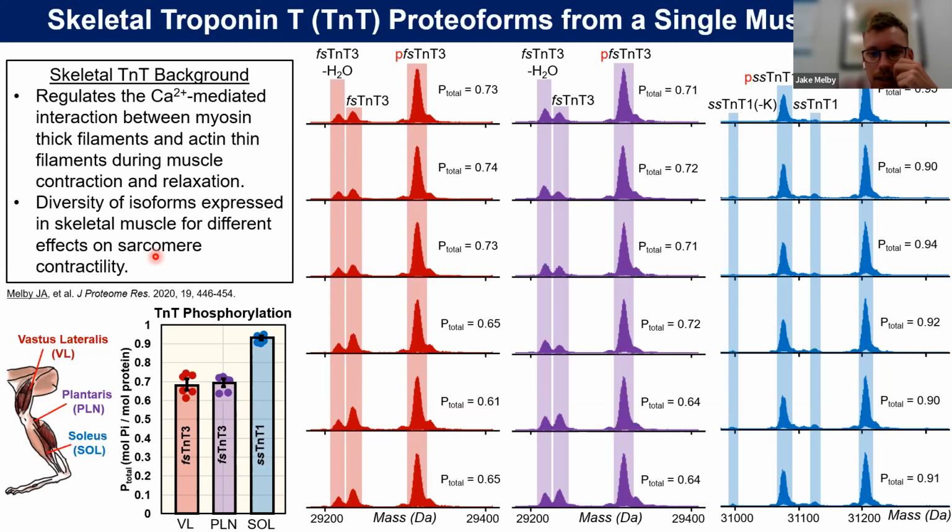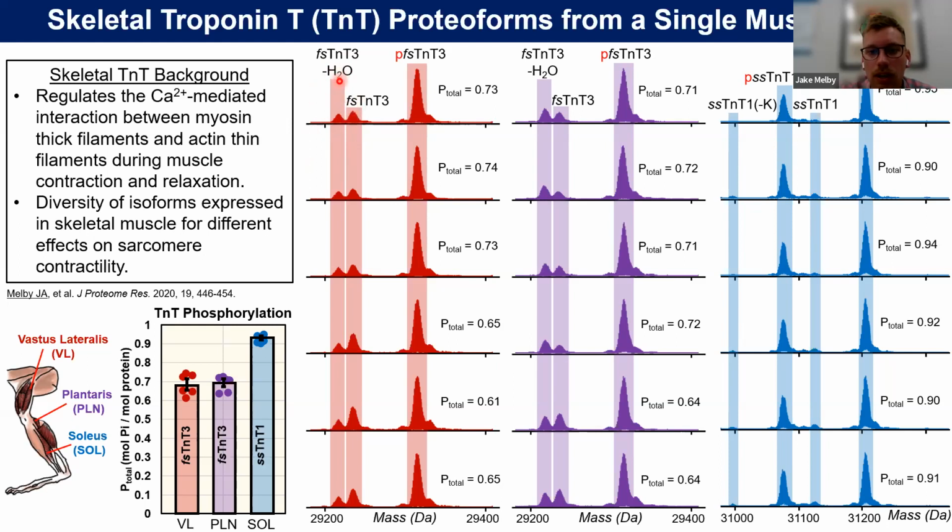So what we're looking at here, red is the VL, so the quad muscle. This is the fastest functional data. Plantaris is the muscle in the back of the calf. This had more mixed characteristics from the functional data, as well as the soleus in blue, which is the slowest. So essentially what we're looking at here is the phosphorylated forms of these proteins, as well as the unmodified.